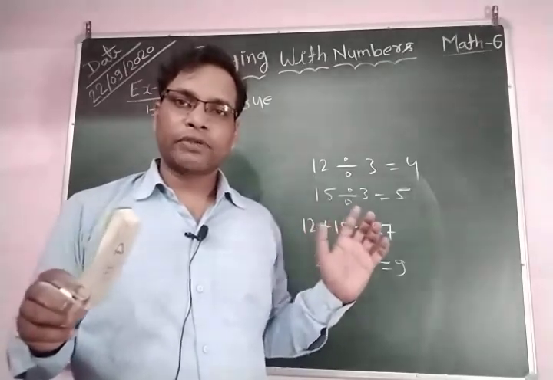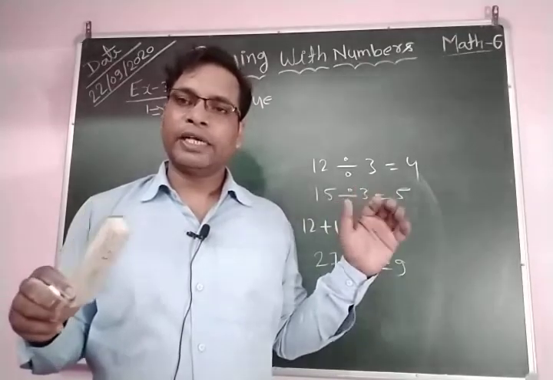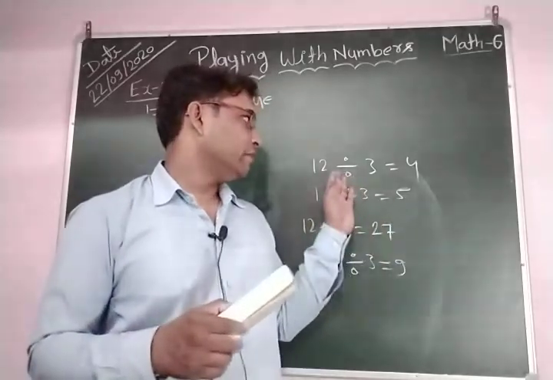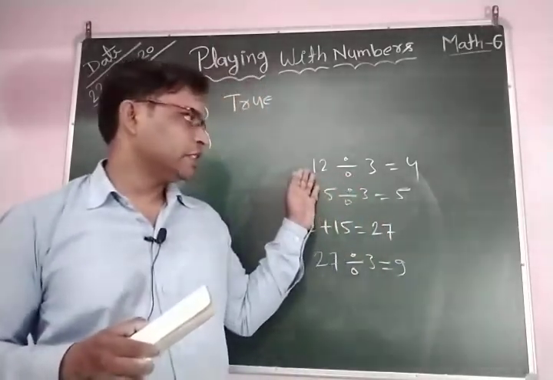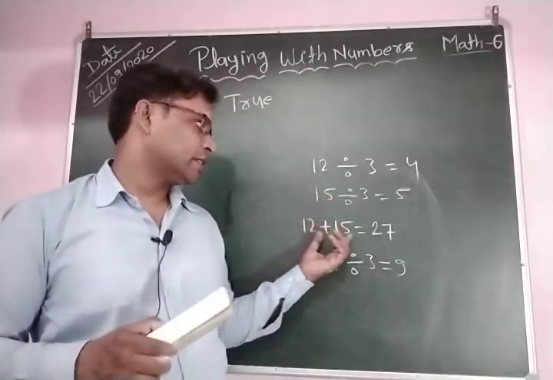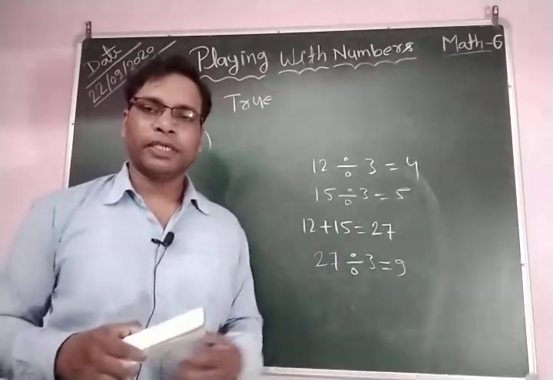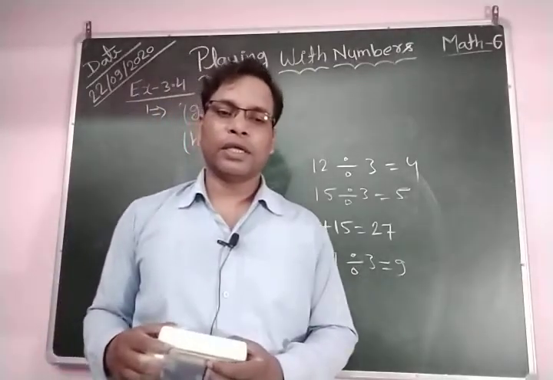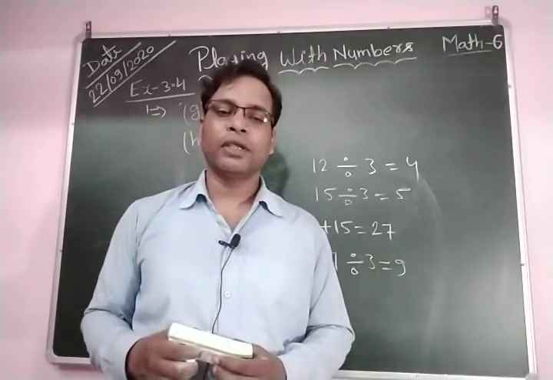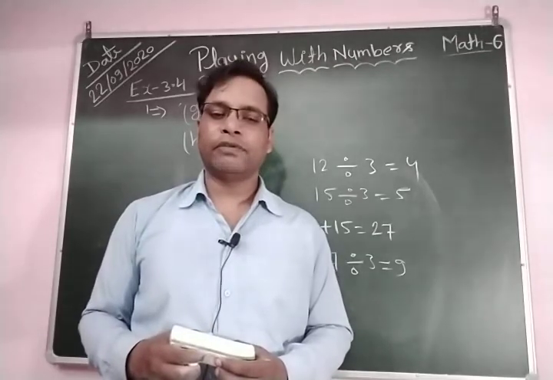Here we take two numbers, divide separately, and after this we sum them, then that number also divides the sum. 3 divides 12 and 15 separately, and their sum 27 is also divisible by 3. So this statement is true: if a number exactly divides two numbers separately, it must exactly divide their sum.